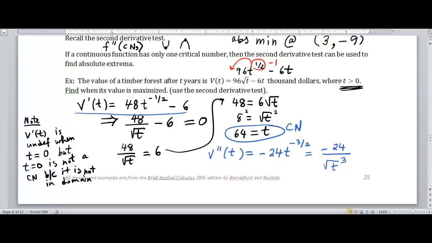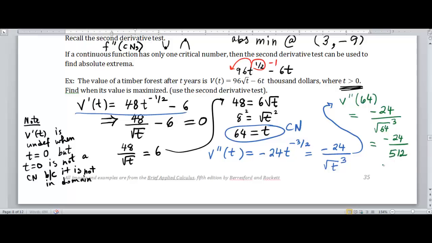Okay. Now I want to take the critical number and plug that into the second derivative. That's what the second derivative test tells me. Okay. So that is v double prime of 64, which is negative 24 over square root of 64 cubed. Square root of 64 is 8. 8 cubed is 512.